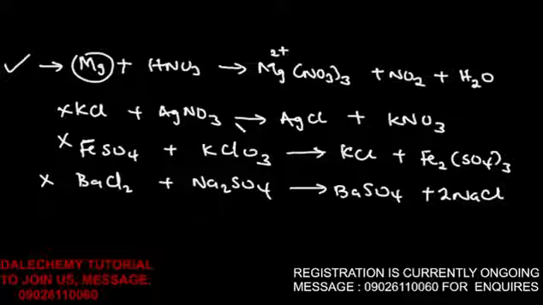So now let's look at how to determine which species is reduced and which species is oxidized, because of course you might be asked which species is oxidized and which species is reduced. For the following reactions, state which species is reduced and which is oxidized. Now let's start from the simplest one.